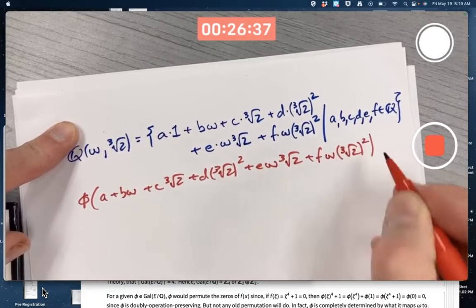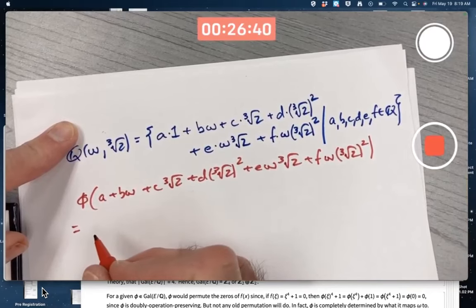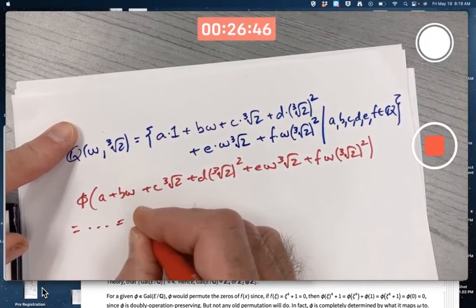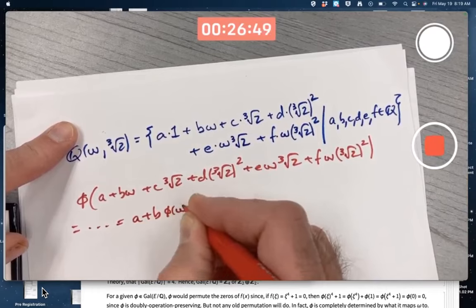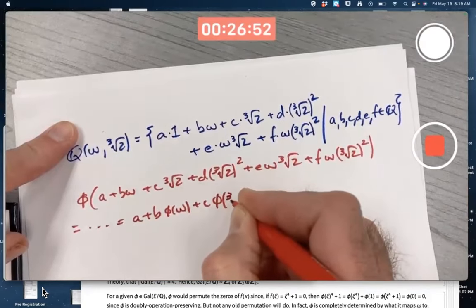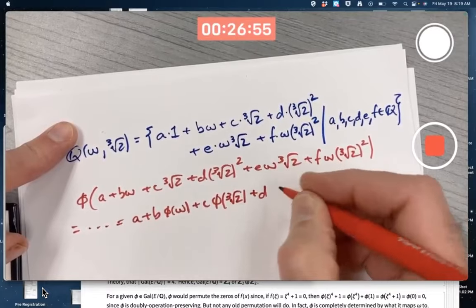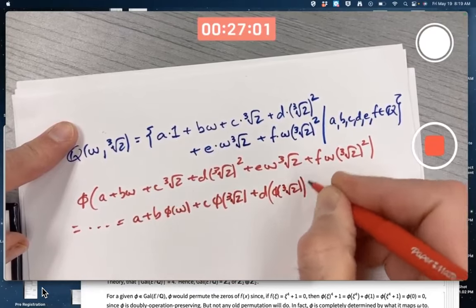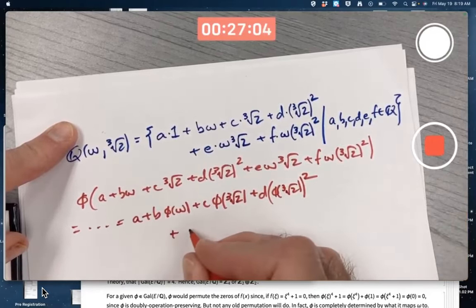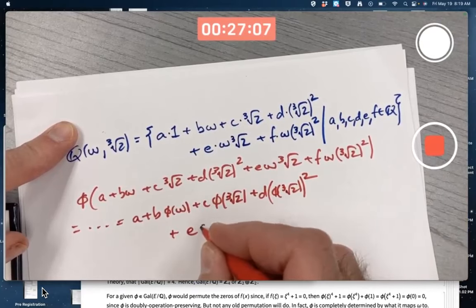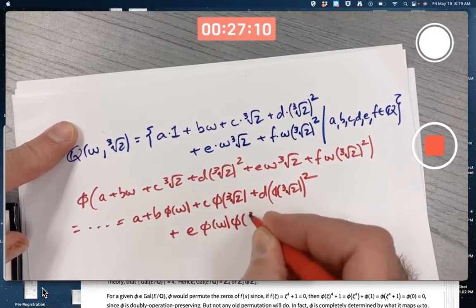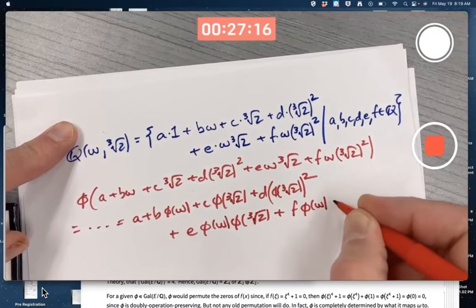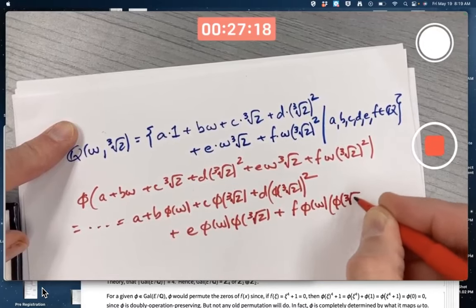By the fact that it's operation preserving and fixes the rational numbers, fixes A, B, C, D, E, and F, you're going to get, through a little bit of work, A plus B phi of omega, plus C phi of cube root of 2, plus D phi of cube root of 2 squared, plus E phi of omega times phi of cube root of 2, plus F phi of omega times phi of cube root of 2 squared.